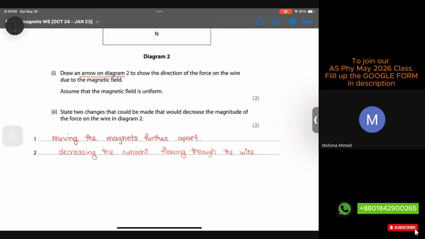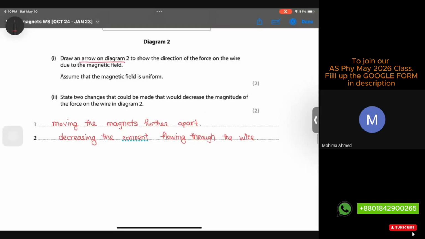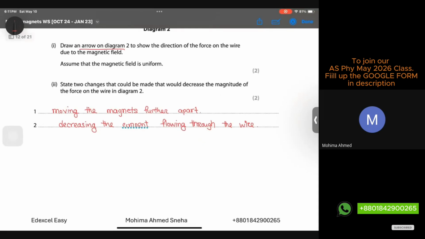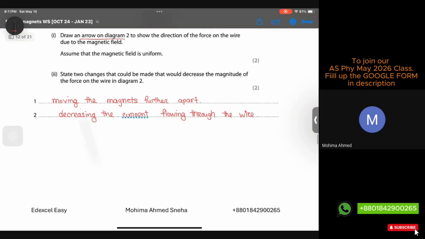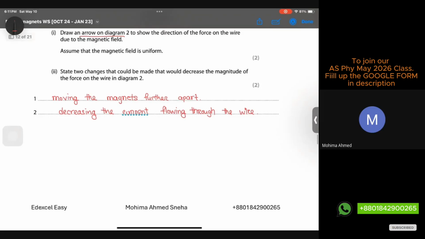Decreasing the current flowing through the wire, right? That's it. For this type of question, you should memorize 4 points at least. One is moving the magnets farther, then decreasing the current flowing through the wire. I can also say decrease the voltage through the wire.